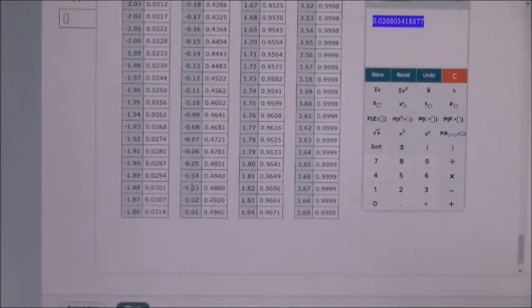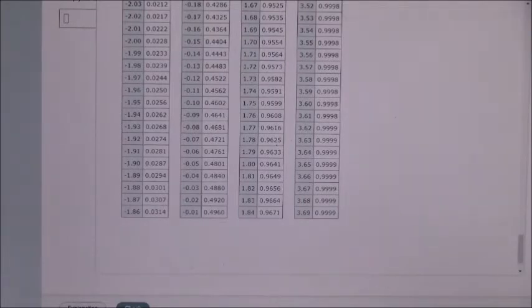If you are using the Aleks calculator, what you would do is take the bigger one minus the smaller one. So I'm going to clear this out. I'm going to do the P of Z is less than my higher limit, which is 2.47. Whoops, my calculator disappeared on me. Where'd it go?